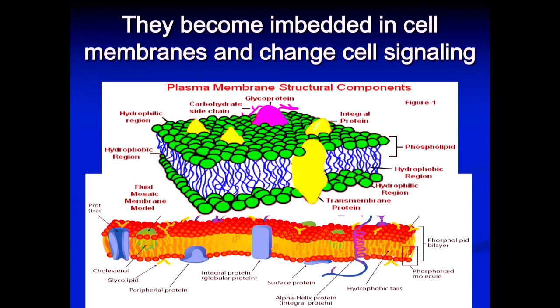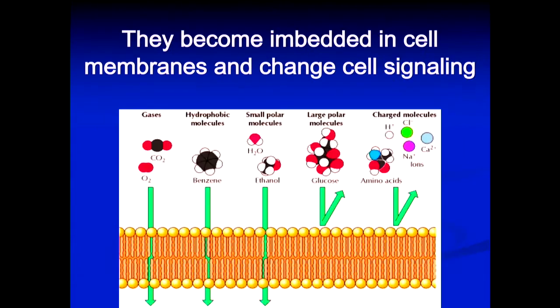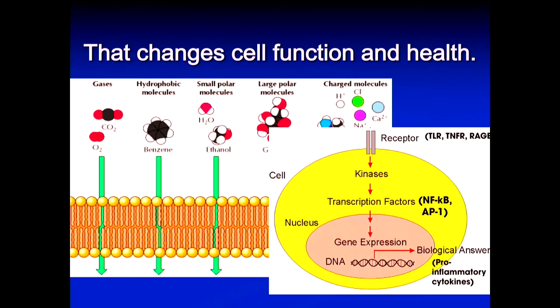And it is heavy, and it has the ability to change cell signaling. Benzene, ethanol, different, right? They change how the signaling molecules work. Those signaling molecules affect genetic expression and cell function.